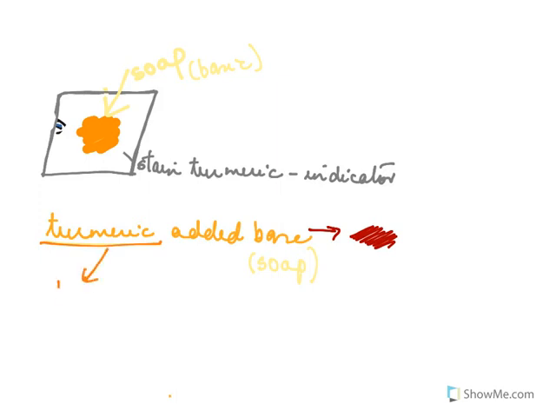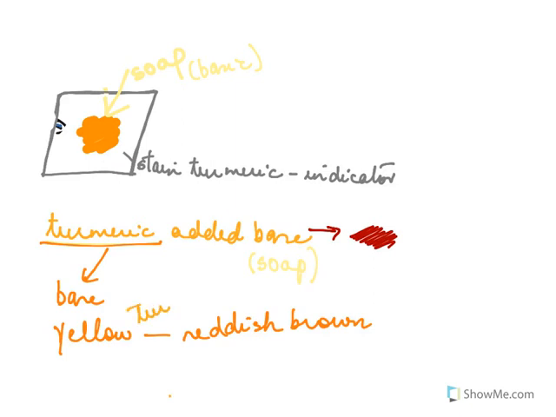So I can say turmeric with a base changes color from yellow to reddish brown.